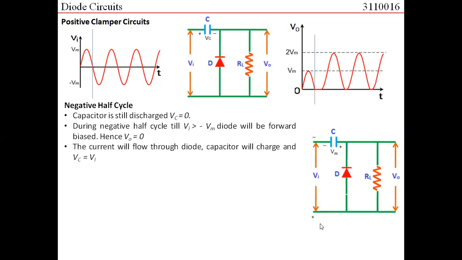Now you can understand that as the current flows like this, this terminal of the capacitor would become positively charged and this would become negatively charged. And as the loop is having almost zero resistance, considering the diode to be ideal, the time constant would be 0. So the charging of the capacitor would be immediate.